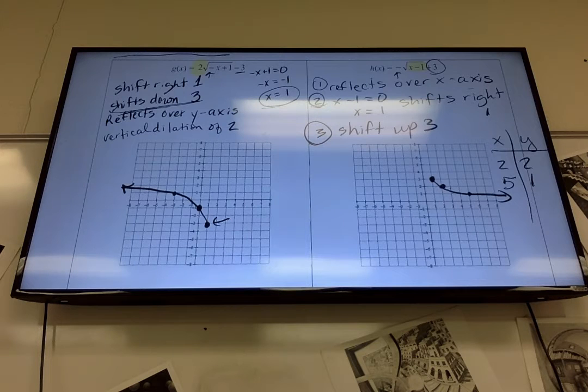So like I say on the test, what I would be looking for is that you could tell me the 3 things, how it was changing, the transformations. And then I would be looking for definitely that starting point and that you're going in the correct direction. You know, is it pointing up and to the right, down and to the right, up and to the left, down and to the left, things like that.